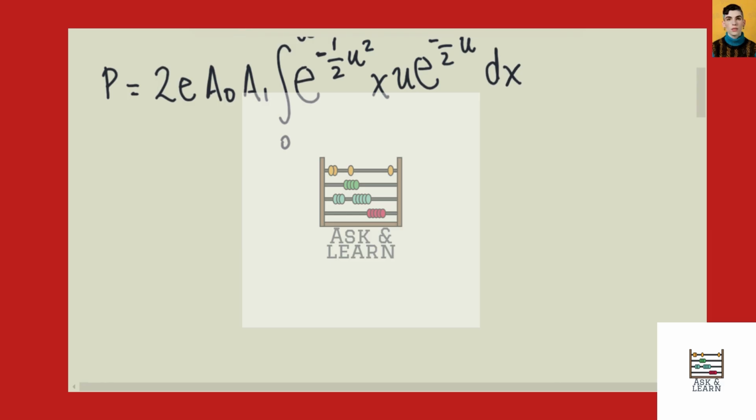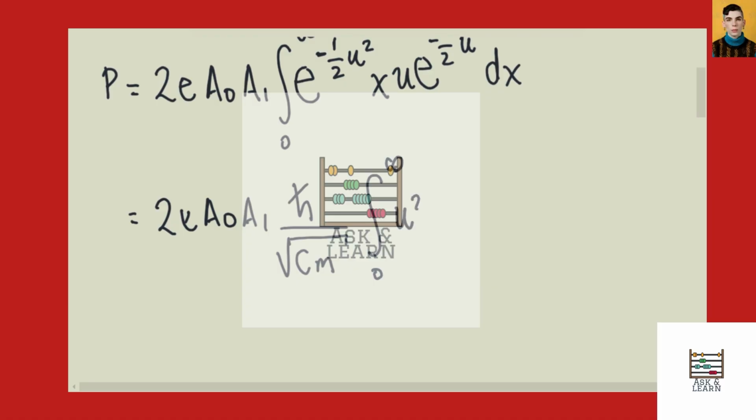So in here, what we can do is take out what is a constant. So we will have that this is equal to h bar divided by the square root of the restoring force times the mass, times the integral from 0 to infinity of u squared times the exponential of minus u squared, integrated over u.